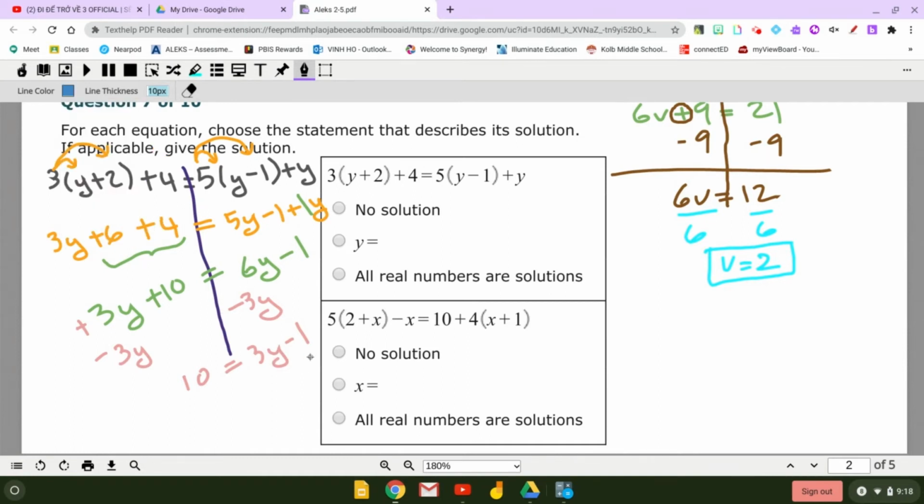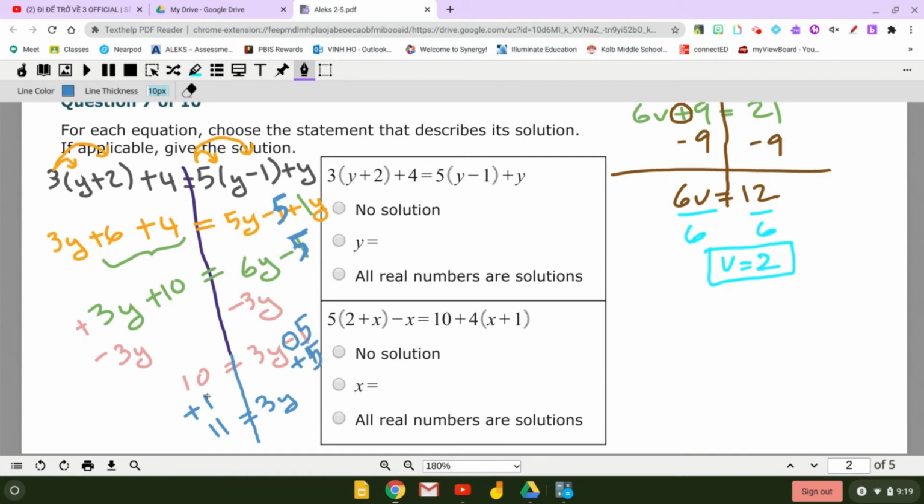Then continue solving for y. Negative 5, so you're going to add 5 on both sides. Sorry, I just found a mistake, this is 5, not 1.